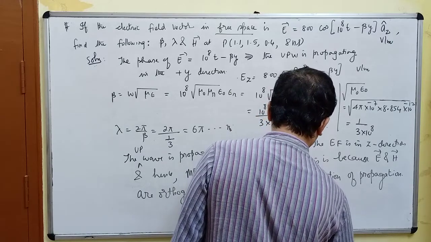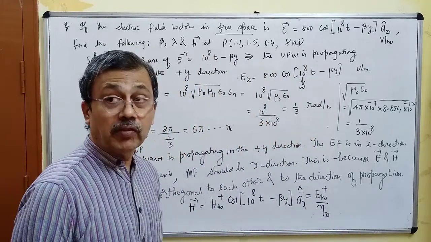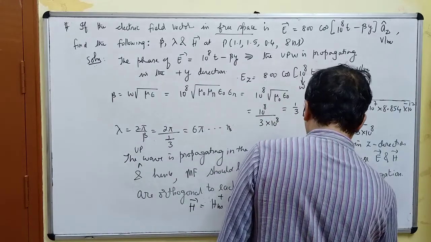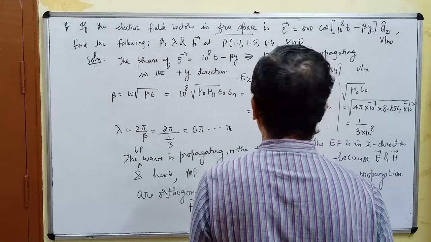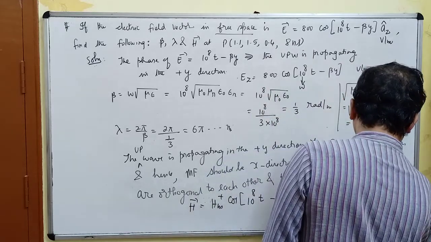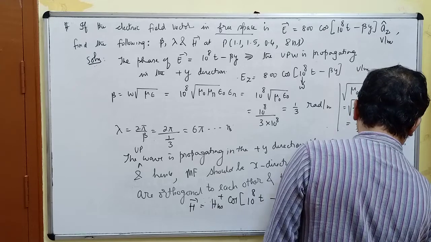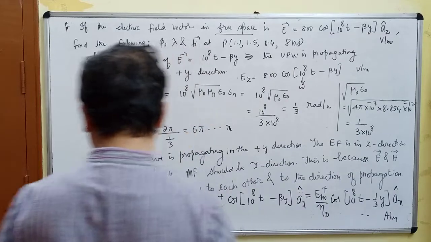Em plus divided by eta naught. Eta naught is what? 377 ohms, the impedance of free space. Cos of 10 to the power 8 into t minus beta, where beta is 1 by 3, into y into ax cap. So many amperes per meter. This is the expression for vector H.